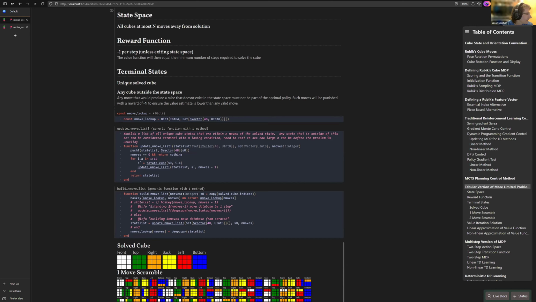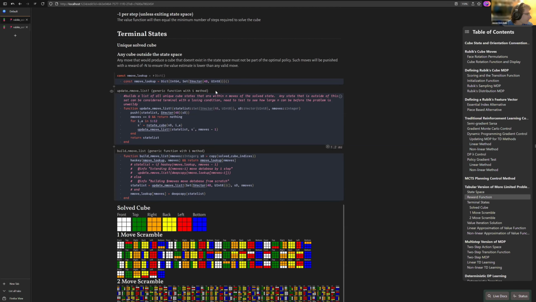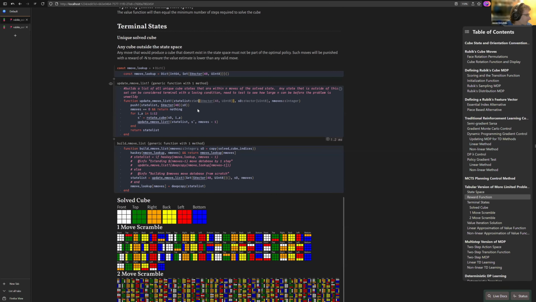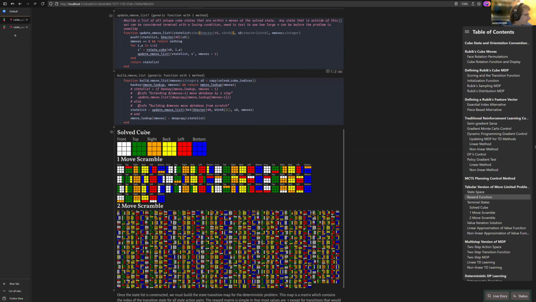So here, the purpose of these functions is just to accumulate this list of states and do it as a set. In a set, all the elements are unique, so this ensures that we're not going to duplicate any states. And this is just an example where we start with the solved cube.